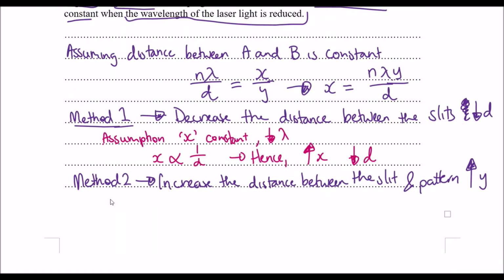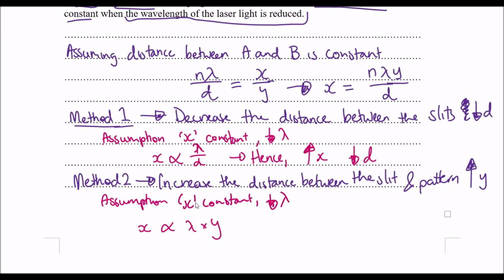Same thing here, the assumption is that x is constant and there is a decrease in lambda. We'll also write it like this so it makes it very clear: x is proportional to lambda times the distance of separation.